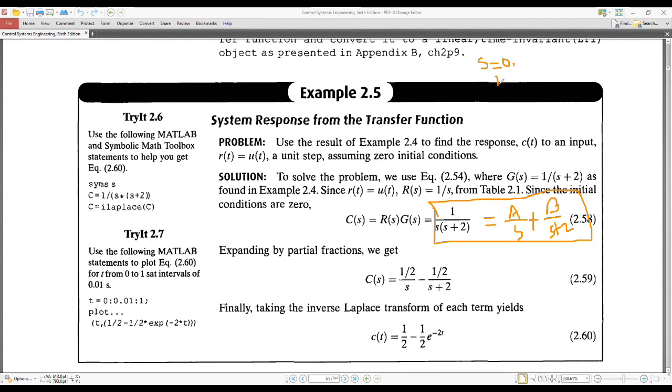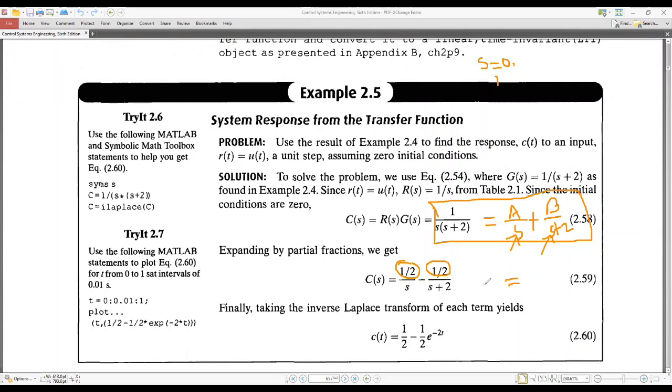If you put s equal to 0, then you will get this one, B equal to this one. And if you put s equal to minus 2, then you will get this one. Here 0, here 0. That means this one will be 0, so the equation will be like this.